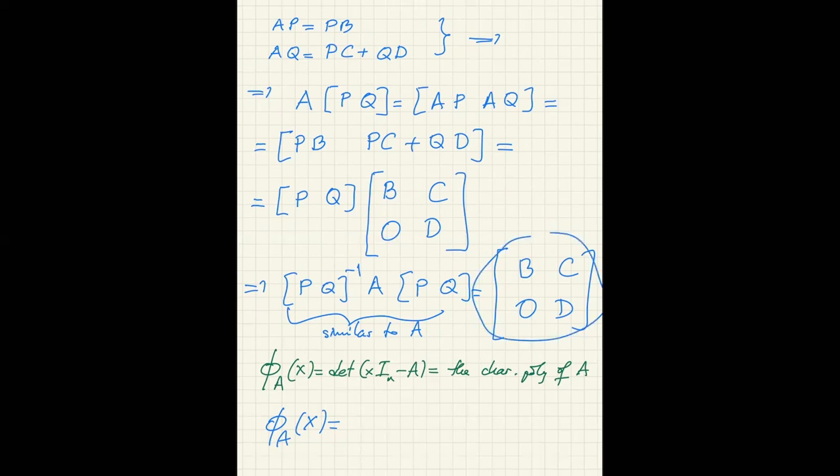But what is the characteristic polynomial of that matrix? That will be phi_B of x times phi_D of x, because it's a block upper triangular matrix. So from here you get that phi_B of x divides phi_A of x. Okay, and that's the second part.